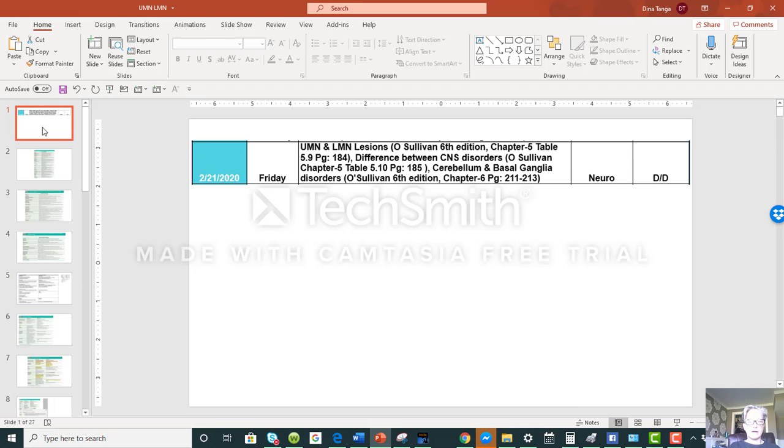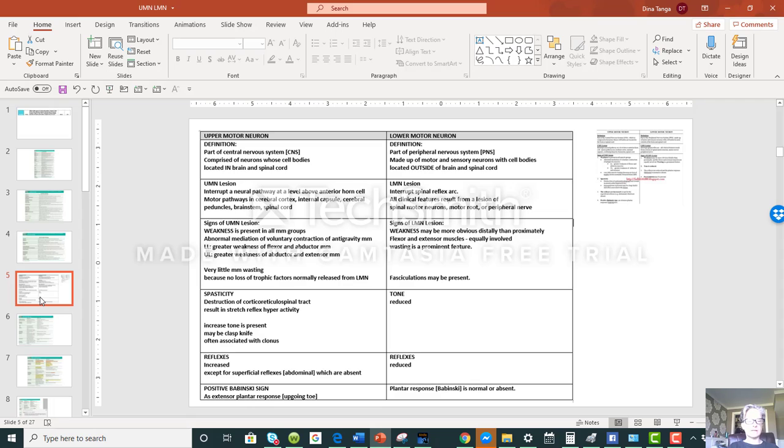Okay, upper motor neuron and lower motor neuron lesions. I got this out of my school notes. The upper motor neuron is part of the central nervous system. It's comprised of neurons whose cell bodies are located in the brain and the spinal cord.